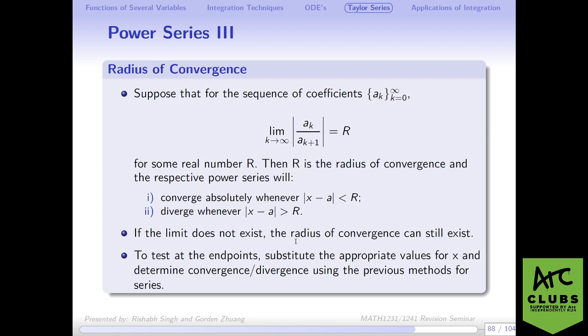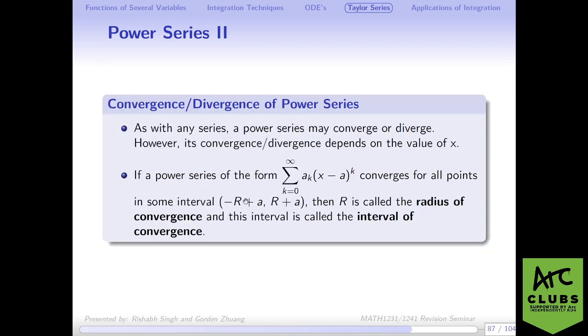To define the radius of convergence, we just take the limit of the absolute value of the ratio between these coefficients, and we will get some ratio r, and this will be the radius. However, this will give us an open interval, a minus r and a plus r as the interval. However, what happens at the endpoints, we have to check manually.